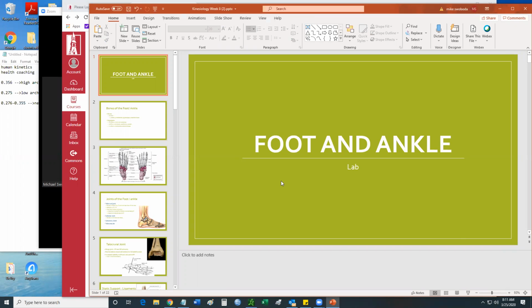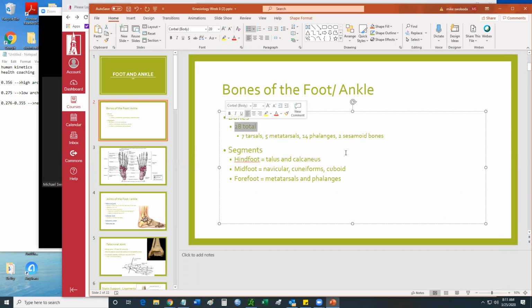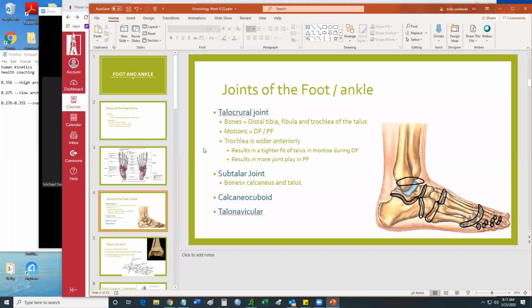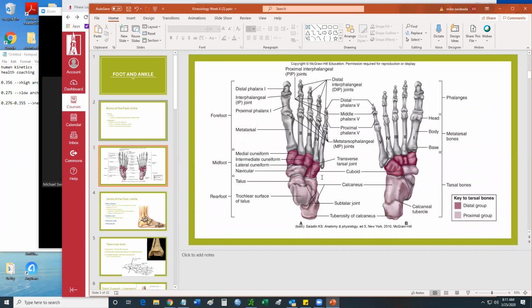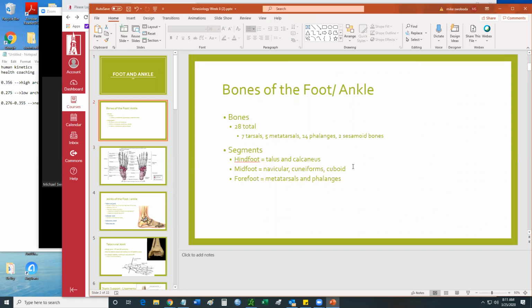All right, so like we were talking about before, there's a lot of bones in the foot, and you have 3 segments to the foot. Your foot is divided into a hind foot, midfoot, and forefoot. I'm not so concerned that you remember that, but just know that you do have different segments. It's the exact same kind of thing as you would have with the wrist and hand.